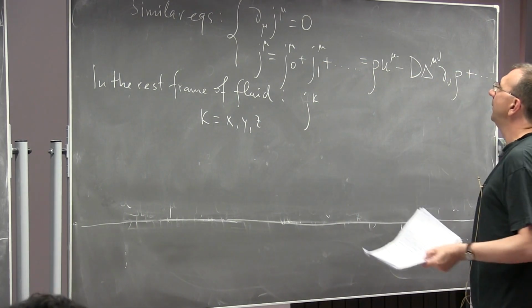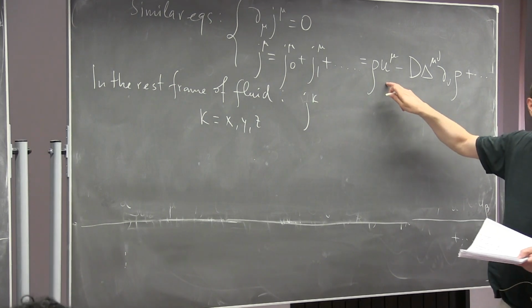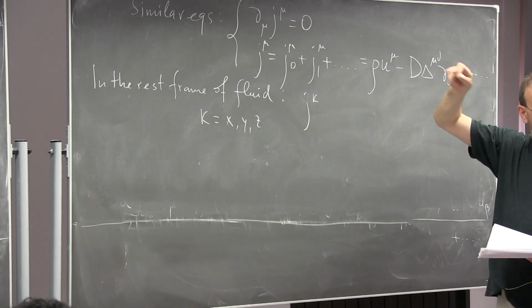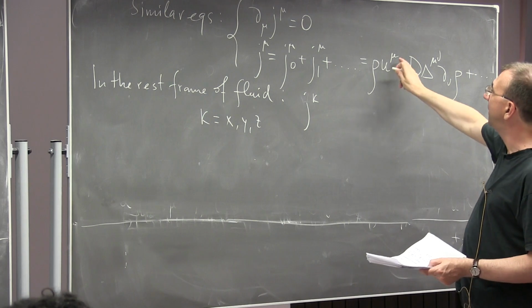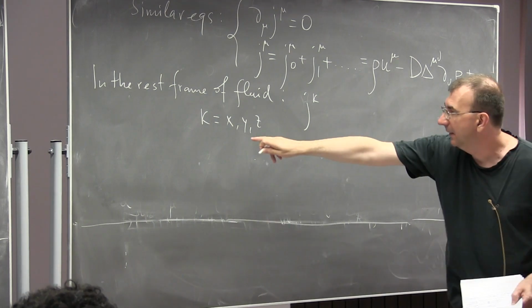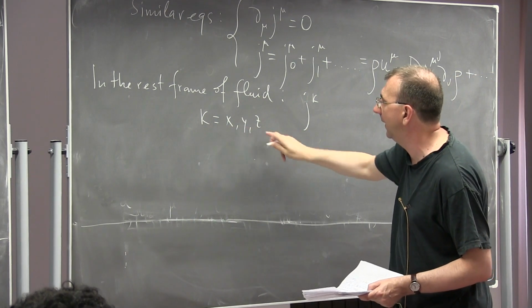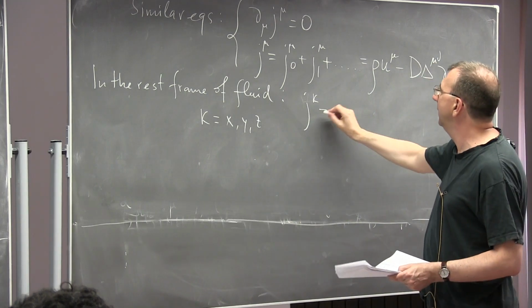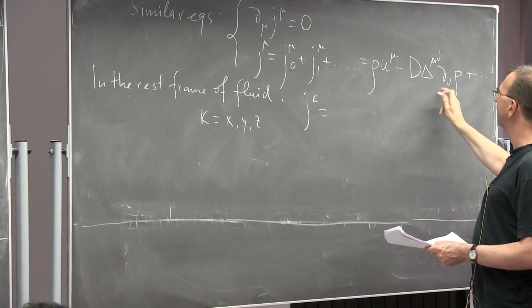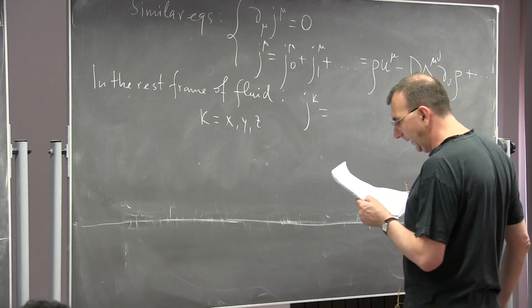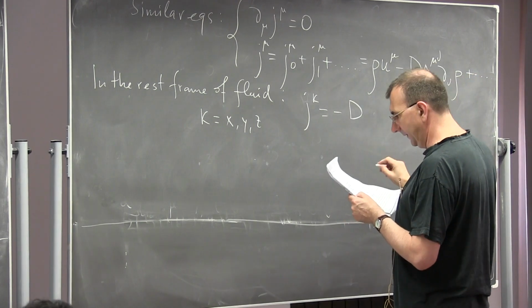So in the rest frame of the fluid, u mu is 1, 0, 0, 0, right? And therefore, for a spatial index, when mu is a spatial index x, y, and z, then you won't have a contribution from this term, but you will have a contribution from this second term, and this contribution looks very familiar.